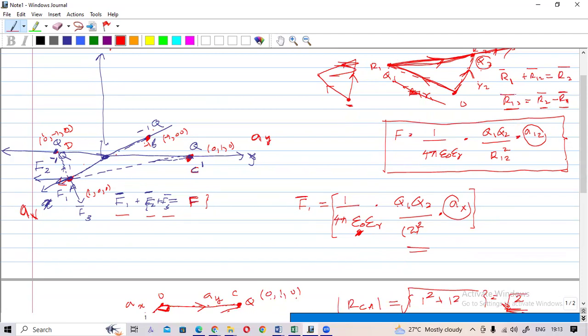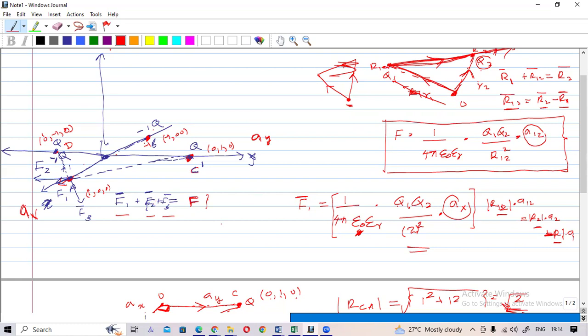So you can write this as R12 magnitude times A12, that is the unit vector, is equal to R2 magnitude times A2 minus R1 magnitude times A1. This magnitude you can find if you are given the coordinate system.